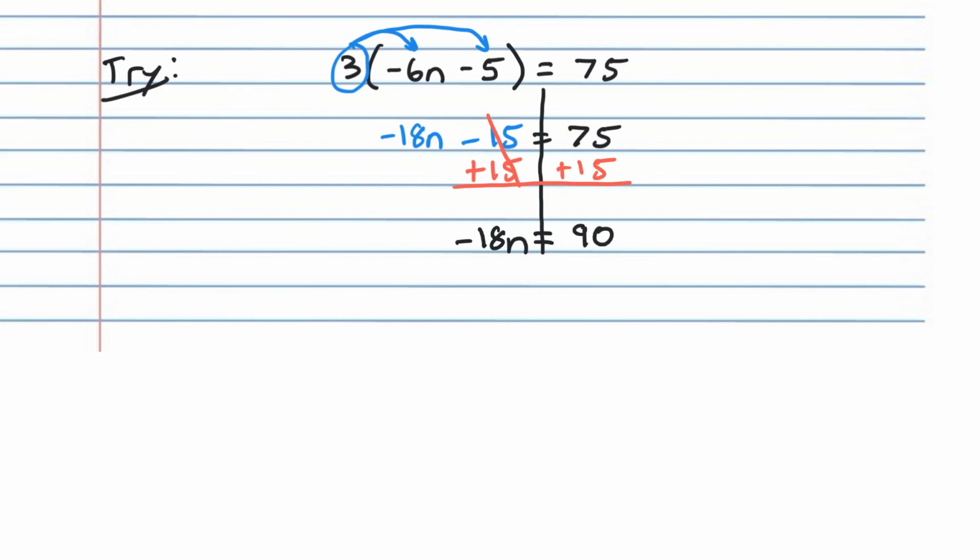Okay, so here's what I was talking about with the larger numbers. You may need a calculator for this one, which is not a big deal. So let's get rid of that negative 18. We have to divide by negative 18, both sides. And if you need to use a calculator, that's fine. If you plug it in, 90 divided by negative 18 gives you negative 5.